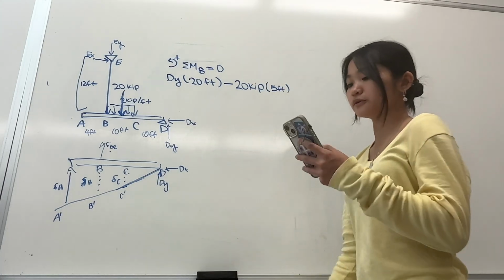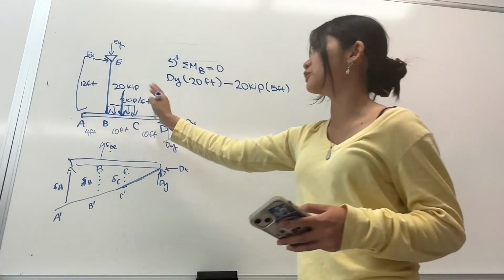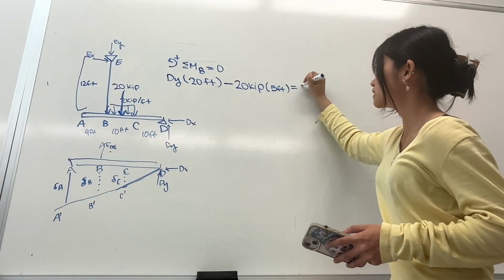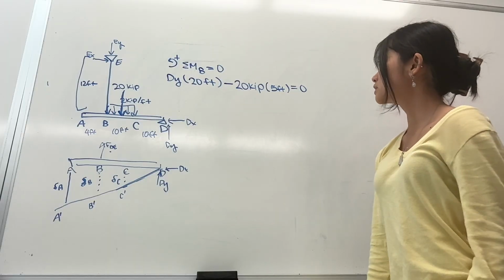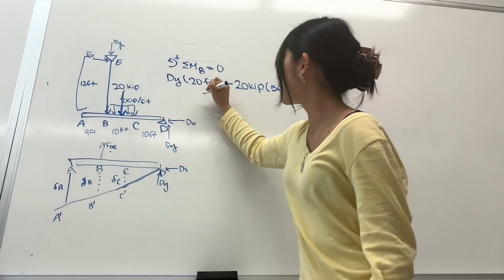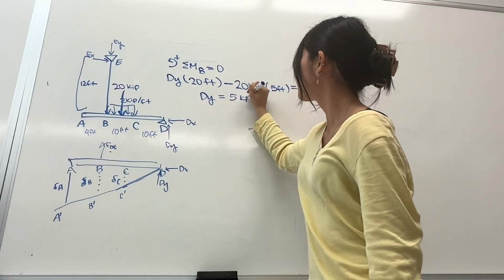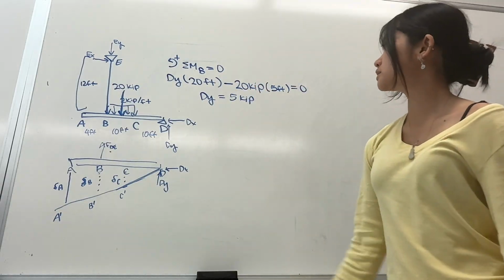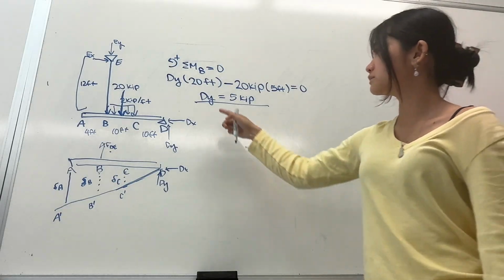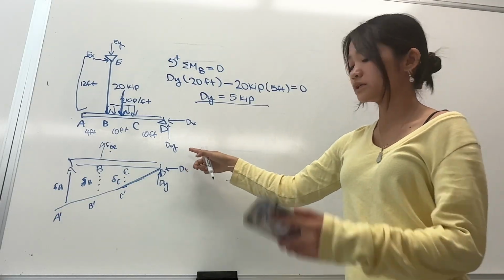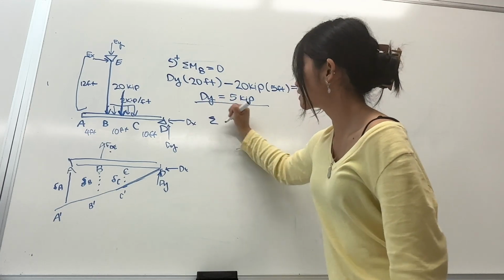And that's all the forces that are going to make our beam rotate. So we can set this equal to 0 because it's in equilibrium. So solving for Dy, I got 5 kip.